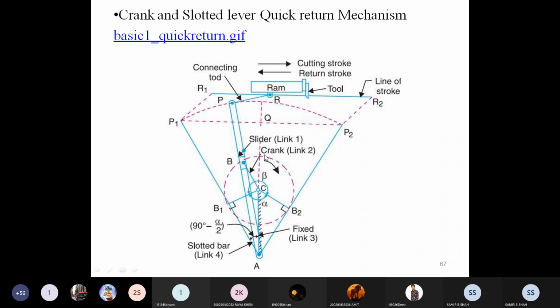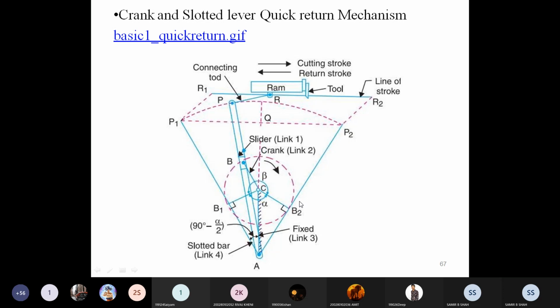The cutting tool moves from R to R2. This is the tool which moves from here to here, and during the backward stroke it creates the angles AB1 and AB2.